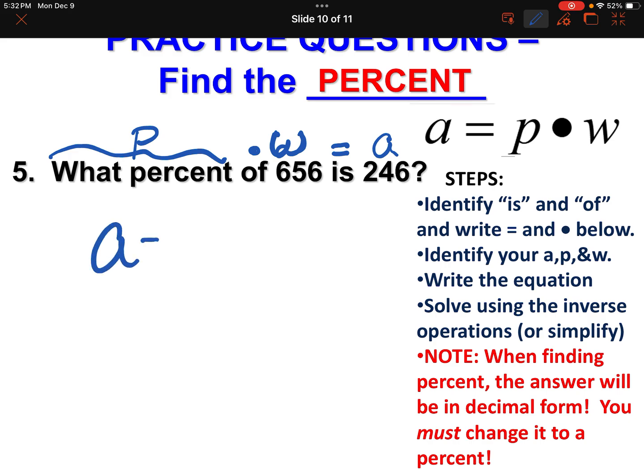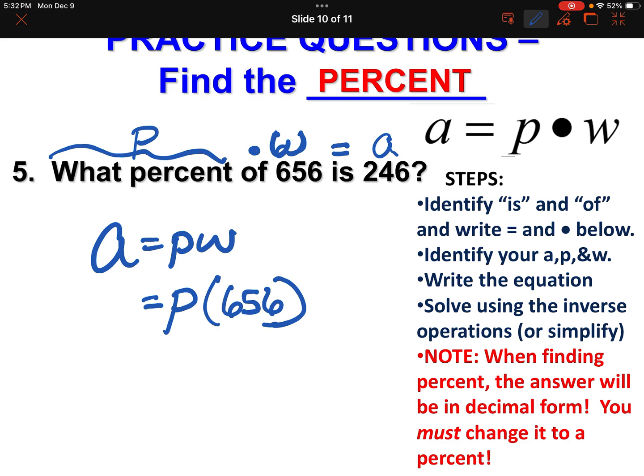So when I write my equation, A equals PW, get used to saying that over and over and over. I don't know what P is. I know W is 656. And I know that A is 246.